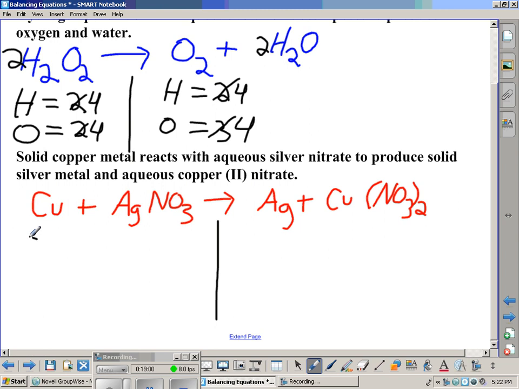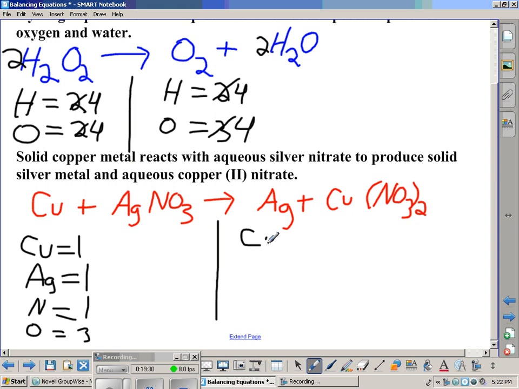On this side we have copper, listing our elements, silver, nitrogen, and oxygen. 1 copper, 1 silver, 1 nitrogen, 3 oxygens. Going over to this side, copper, silver, nitrogen, and oxygen. Again, I try to keep them in the same order.